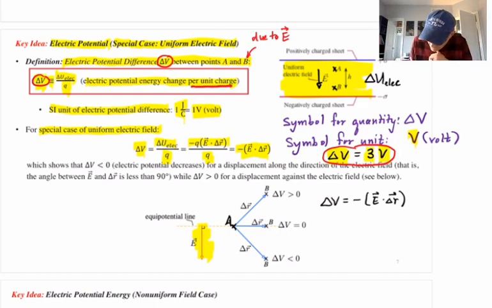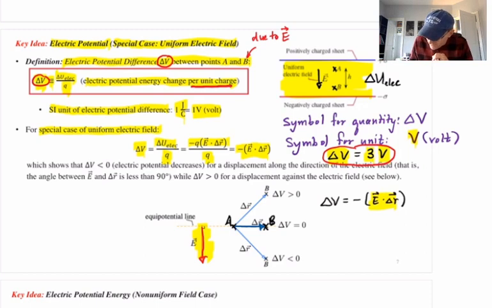Now let me do the first case in this picture. Let's take the point B to be right over here. Due right of point A. So you can see there the delta R. Straight to the right. But remember the E is straight down. So what do I get when I do E dot delta R? That's a dot product of 2 vectors.